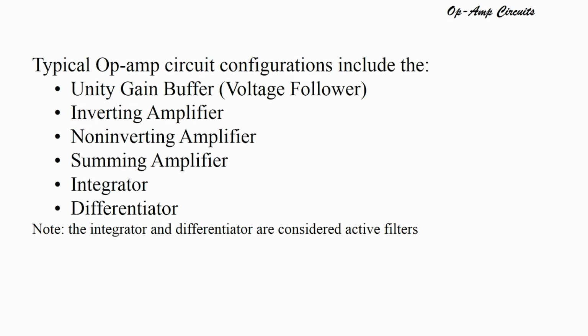Then we will see the inverting amplifier, non-inverting amplifier, summing amplifier, integrator, and differentiator. Not only that, we will also see filters, and these filters will be our next lecture.